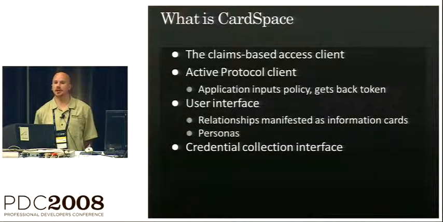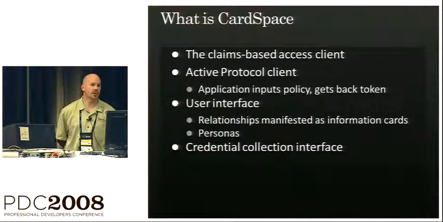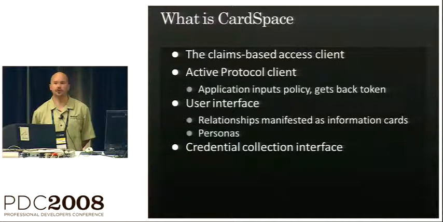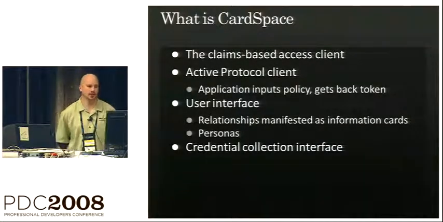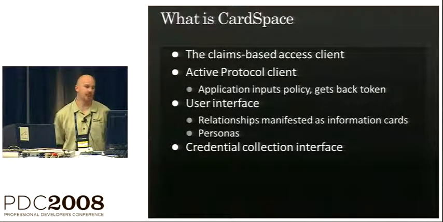It's a protocol client first and foremost. It can interpret WSDL and WS security policy in order to determine where to go collect tokens on the user's behalf. And it participates in WS Trust security exchanges with STSs in order to collect those tokens and return them to appropriate applications on the user's behalf.